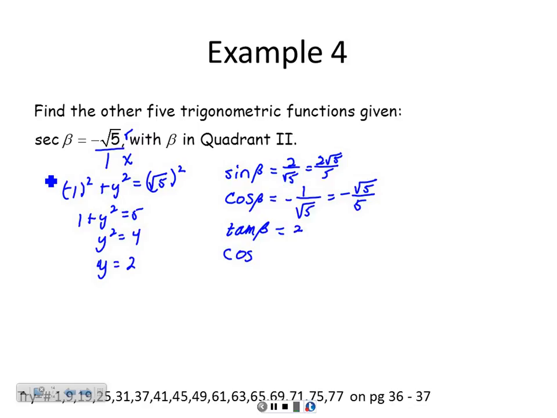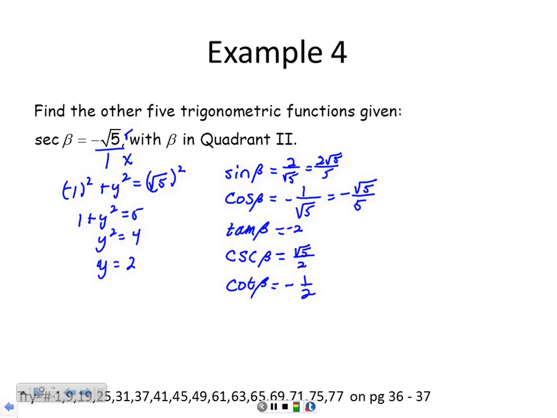Cosecant of beta is going to be the reciprocal of sine, so we're going to have the square root of 5 over 2. Tangent needs to be negative because we're in quadrant 2. Cosecant is going to be positive. Secant was given, and so cotangent's the last one that we need to know. Cotangent of beta is going to be negative 1 over 2.